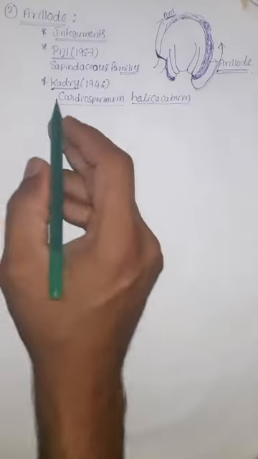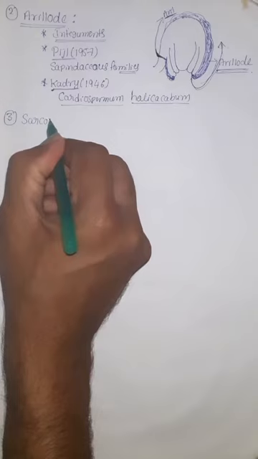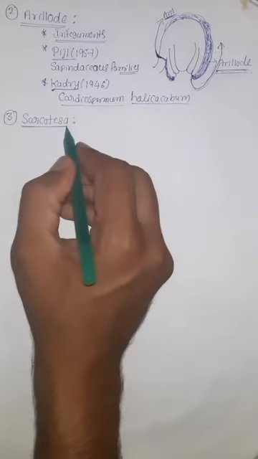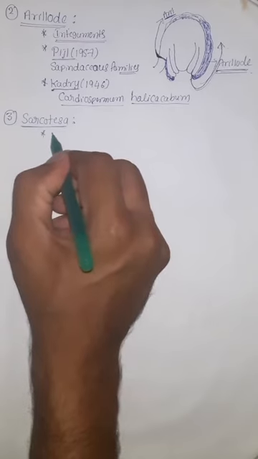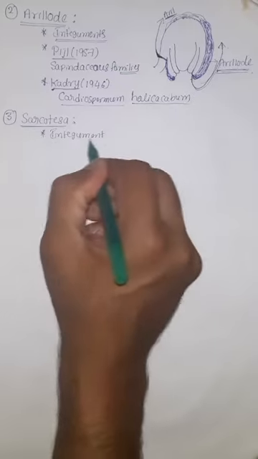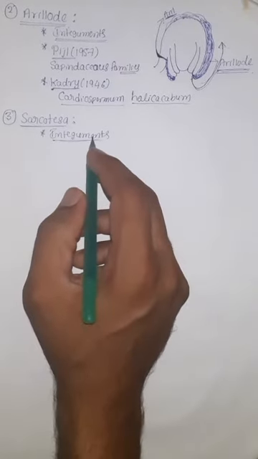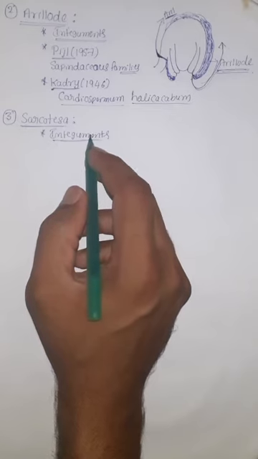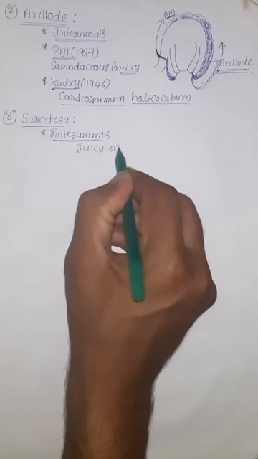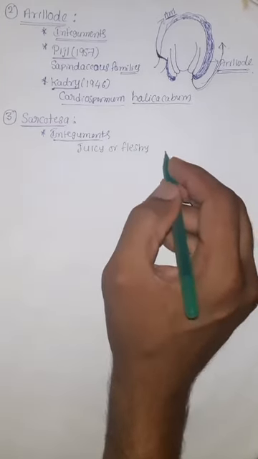Next, coming to the third one, sarcotesta. It is also a structure associated with integuments only. The outer integument of an ovule sometimes becomes juicy or fleshy, and it is known as sarcotesta.